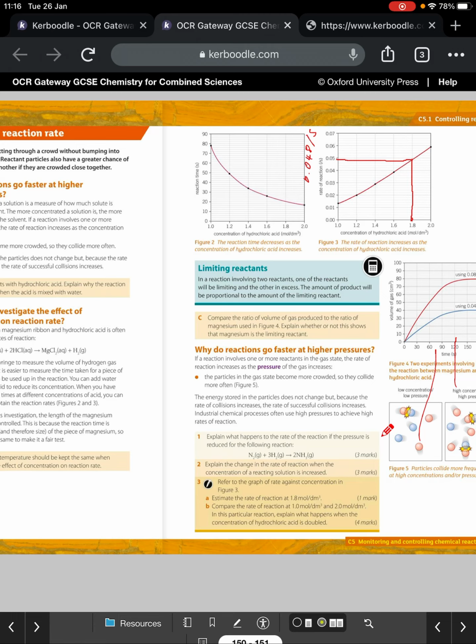3b. Compare the rate of reaction at 1 mole per decimeter cubed and 2 moles per decimeter cubed. In this particular reaction, explain what happens when the concentration of hydrochloric acid is doubled. Okay, let's do this.